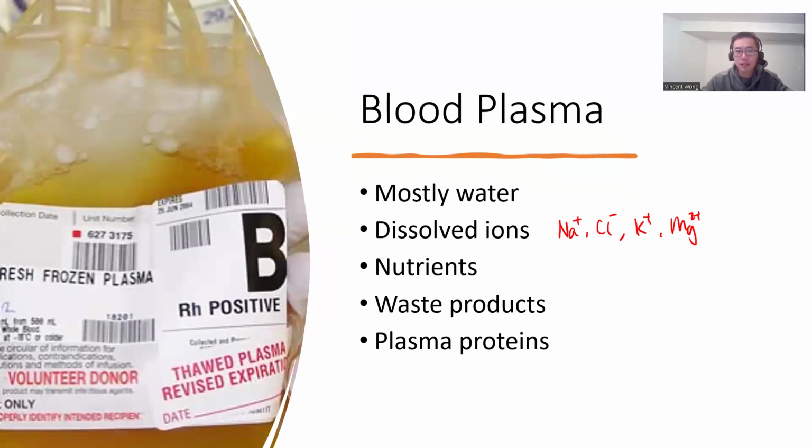There are, of course, useful nutrients as well, like sugar and some amino acids. And there are also waste products, like CO2 and maybe some urea from protein metabolism. And that's why the blood needs to be cleansed, right?